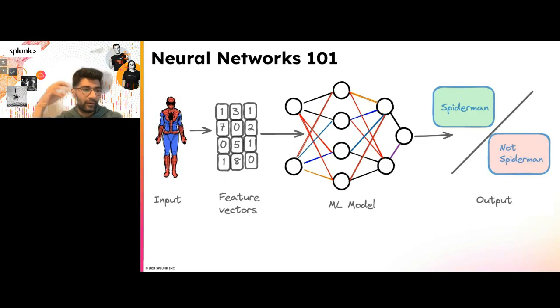Then we present a lot of example images to this particular neural network. The examples contain both Spider-Man and non-Spider-Man images. Then the neural network learns and updates its weights. We call this phase training. Once the training is complete, the neural network will be able to classify an image as a Spider-Man or non-Spider-Man.